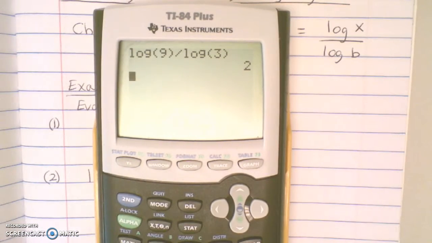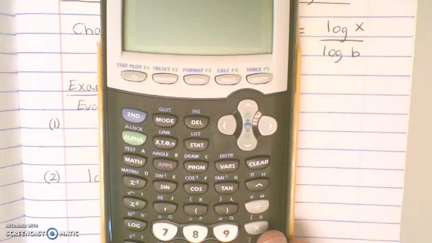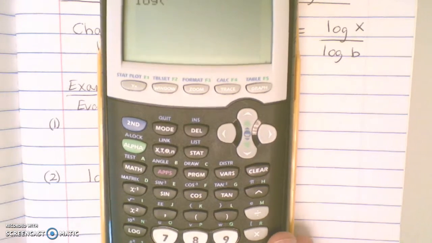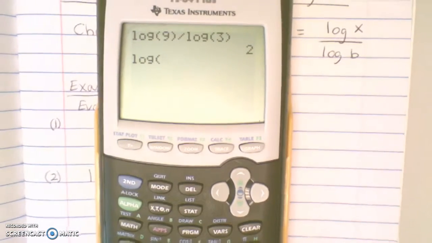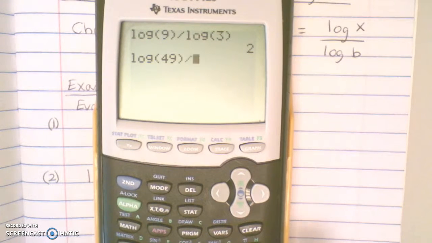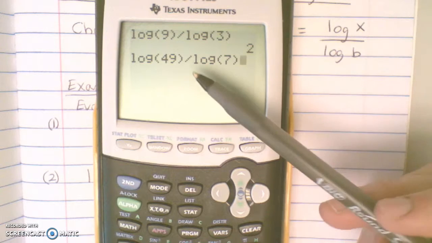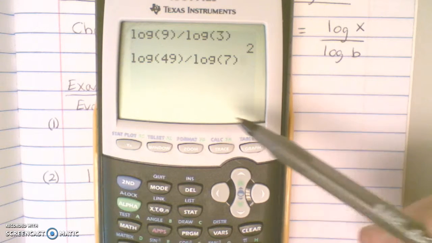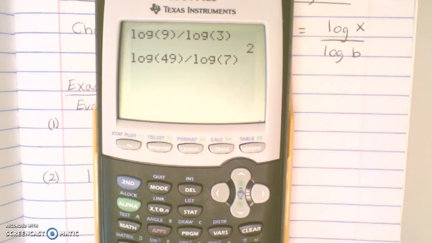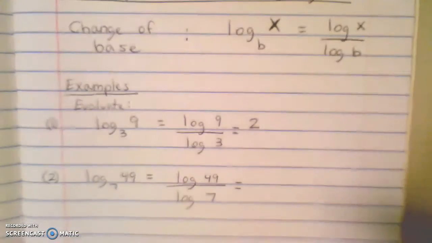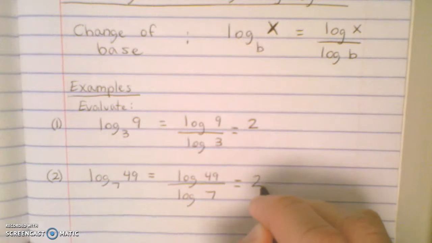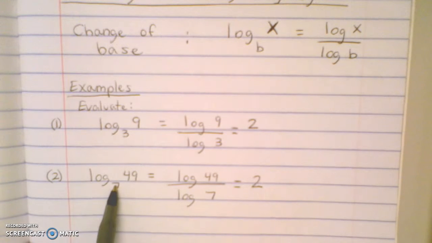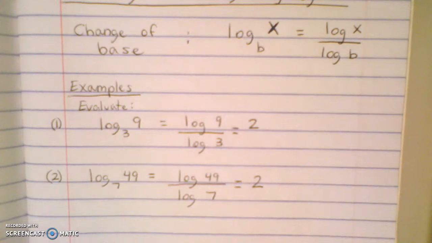Remember the log key is next to the number 7. So I do log 49 divided by log 7. The common mistake will be forgetting to close the parentheses. You got to make sure you close the parentheses. And doing that again, we get 2, which means the exponent on 7 to get me to 49 is 2, which makes sense. 7 squared is 49.